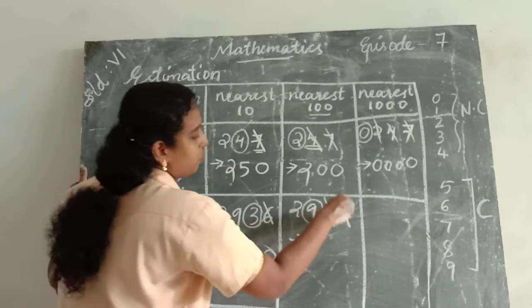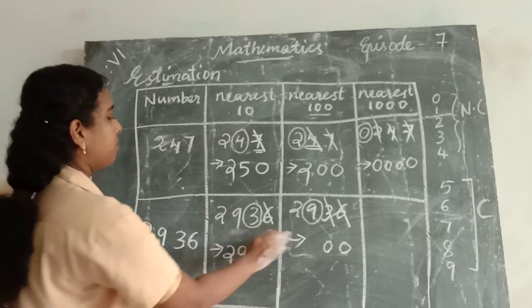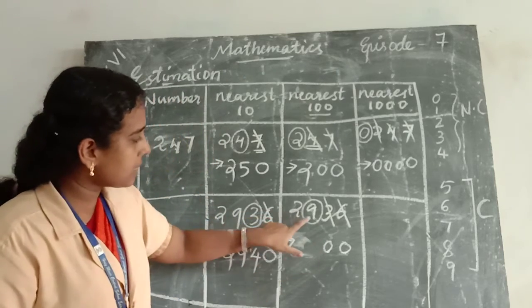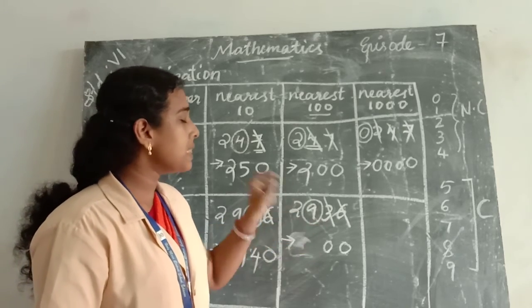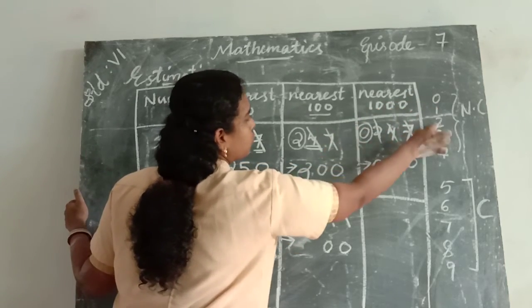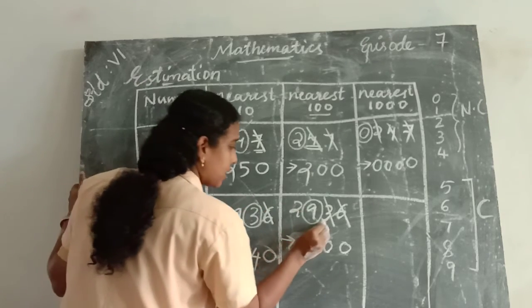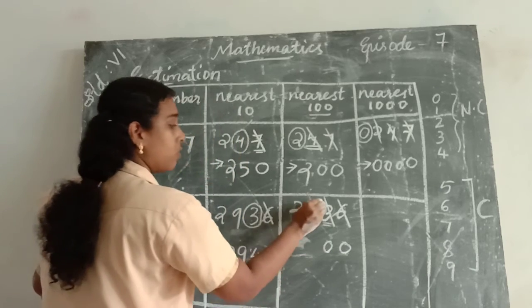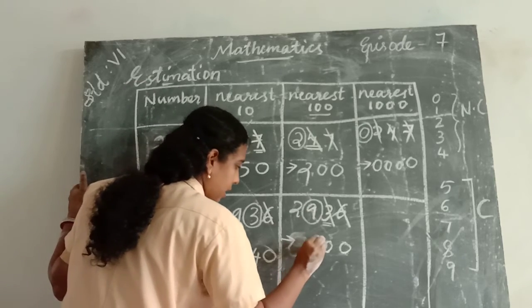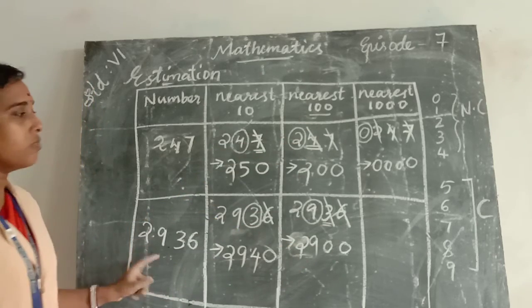For the estimate, we put zeros at the off digits, and to write the digit at the rounded position, we just look at the digit that just comes before the rounded digit. If the digit is 0, 1, 2, 3, 4, there is no change in the rounded figure. Here the digit just before the rounded digit is 3, so there is no change. So we write 9 here and write 2. So 2900 is the nearest 100 of this number.